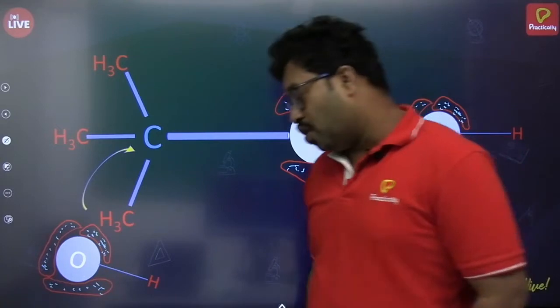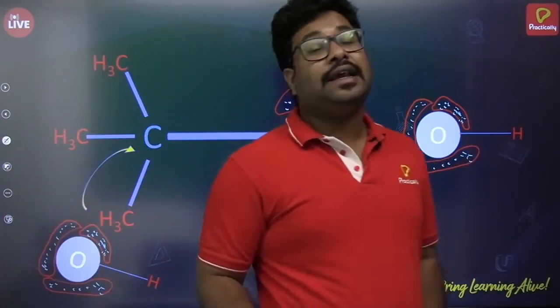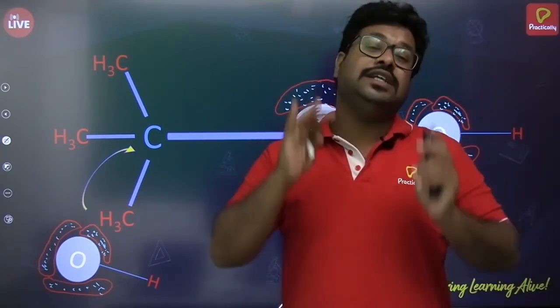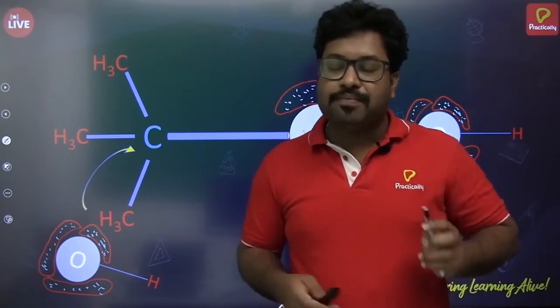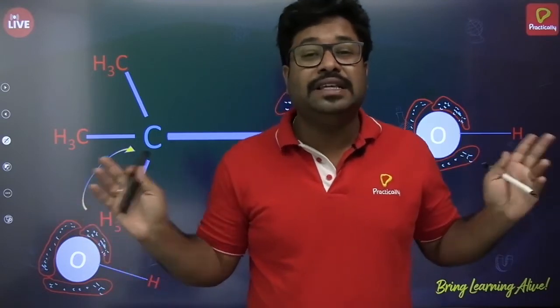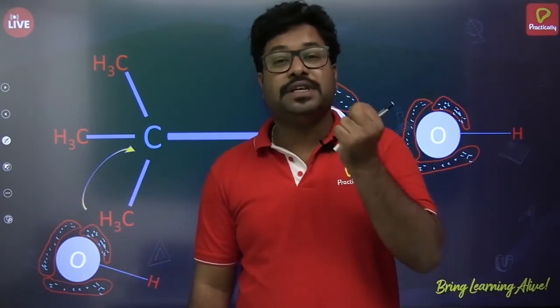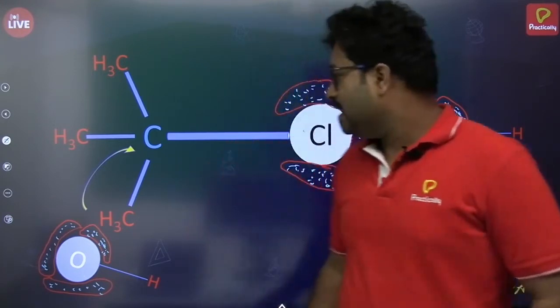So what's the option? If front side attack is not possible and back side attack is also not possible, what's the option? The reaction is happening anyway, but scientists knew that it is not possible to attack from either side. Then there must be a mechanism where the bond gets broken first.